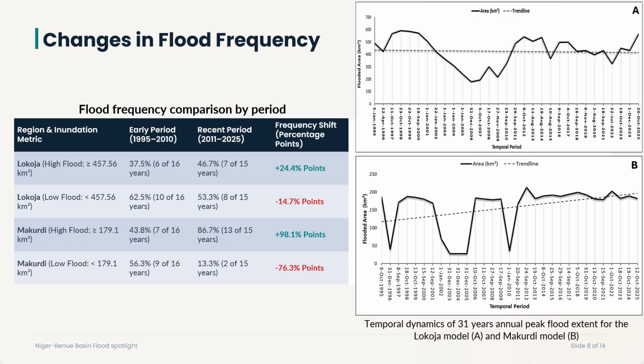The changes in flood frequency. The graph here shows a 31 year time series of the flood extent in the Lokoja model area, which is captured by chart A, and it shows that the peak flooding year was 1998, marking the most severe inundation between 1995 and 2025.